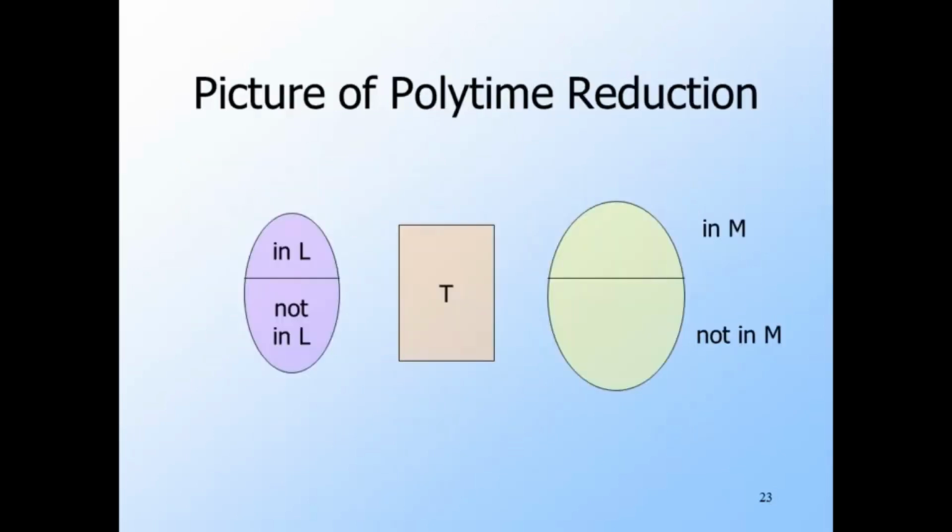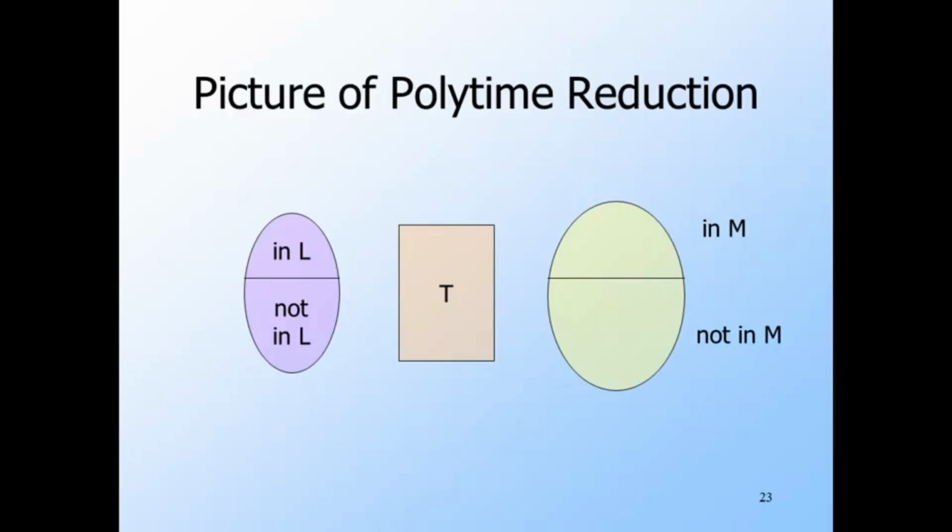Here is a picture to help us remember what a polytime reduction does. On the left is the set of strings over the alphabet of L, divided into those that are in L and those that are not in L. On the right is the set of strings over the alphabet of M, also divided between M and its complement.